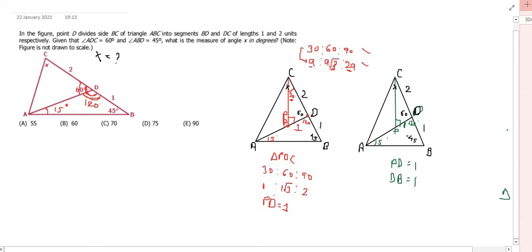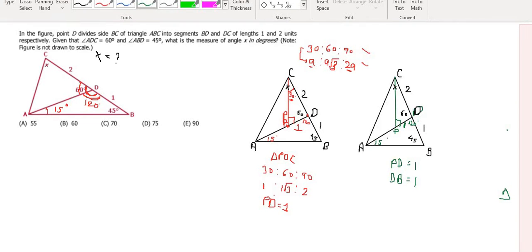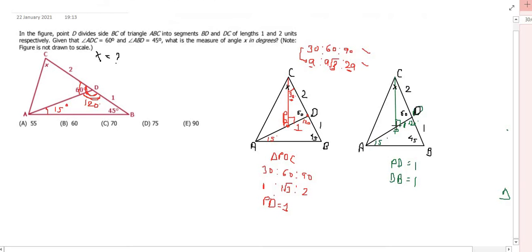If we join PB, then you will get another triangle, and this time this triangle is going to be an isosceles triangle. How? Let me join P and B. So when we join PB, what do you get? You get a triangle PBD, right?